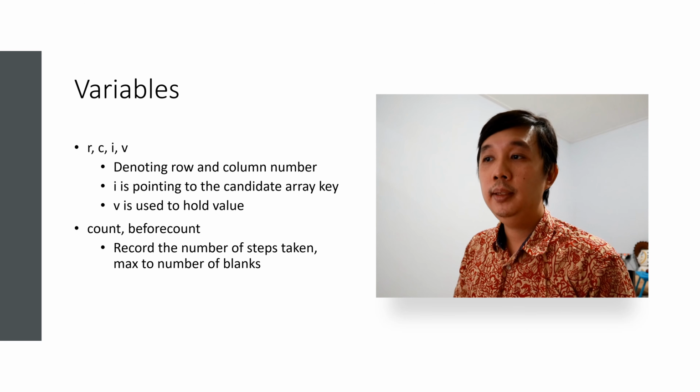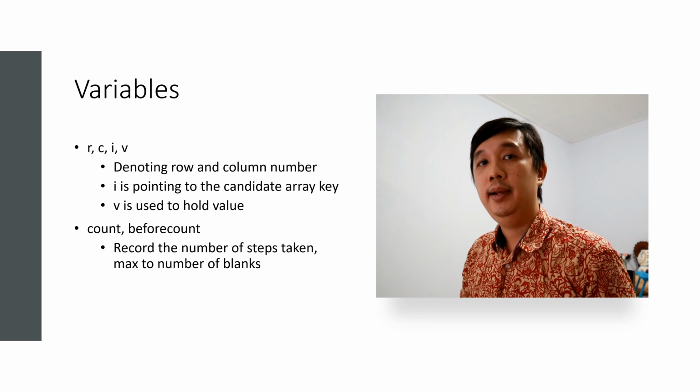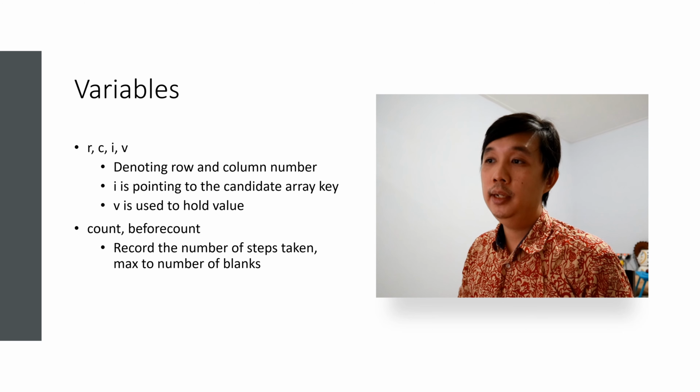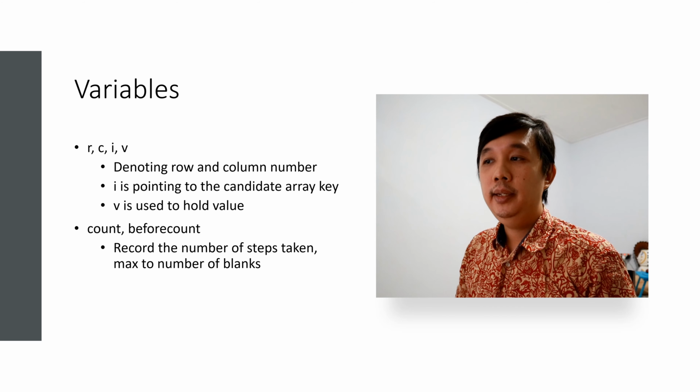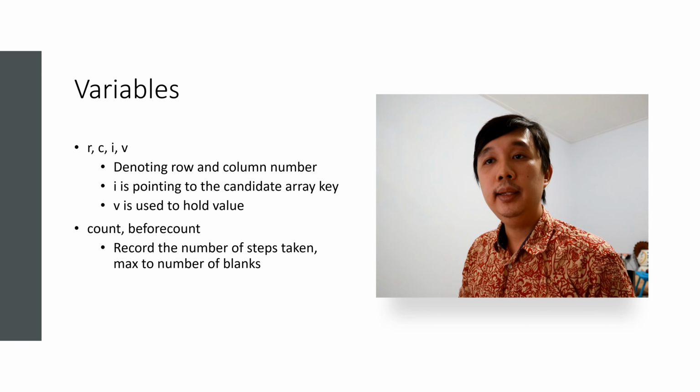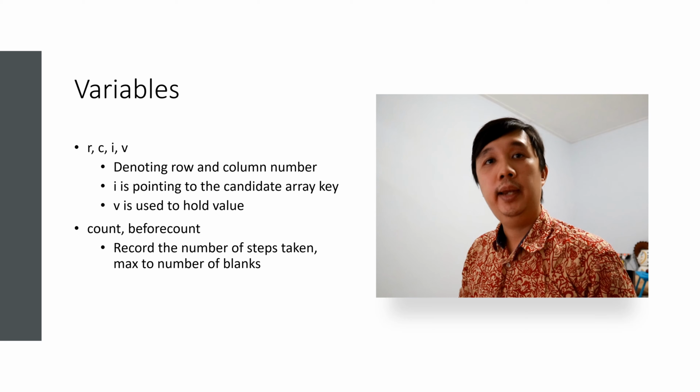These are the variables that I put in the source code. So R, C and I. No, it's not residential, commercial and industrial. R and C denote the row number and column number, while I is used to point to the candidate array, the key of the candidate array.